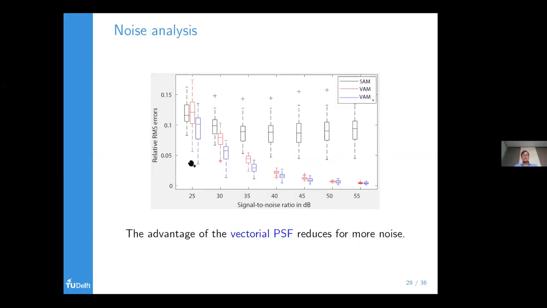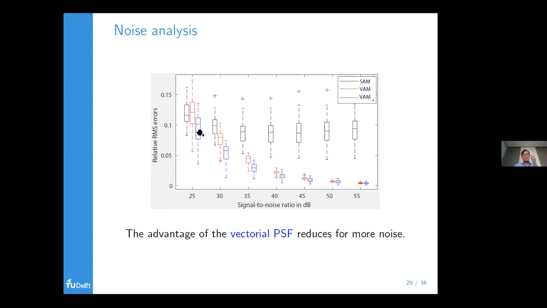This is the noise analysis for the case of numerical aperture 0.95, also with results for 75 numerical calculations. Here we observe that the scalar phase retrieval, with an error of about 10%, is less sensitive to noise, and the vector phase retrieval is more sensitive to noise.